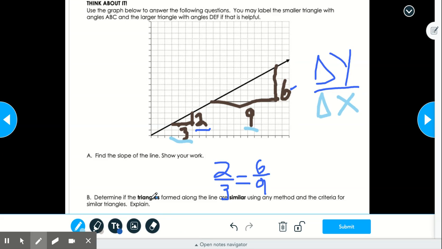And now I'm going to start answering the second question, determine if the triangles formed along the line are similar, using any method and the criteria for similar triangles. And again, you're asked to explain that. So, the criteria of similar triangles, remember, congruent sides, proportional sides, and congruent angles.